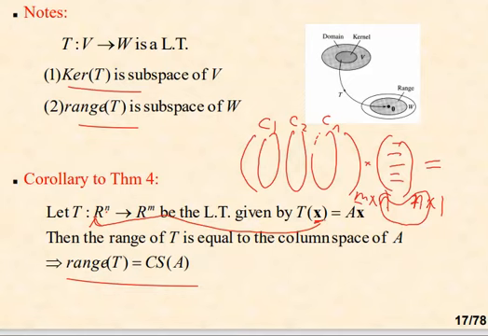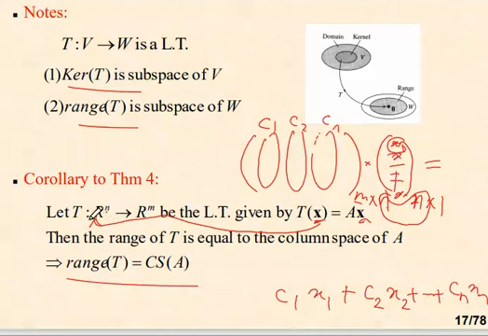So first one, let's say this is x1, x2, up to xn. C1 column times x1, where x1 is a real number, the first coordinate of x, and C2 times x2, up to Cn times xn.